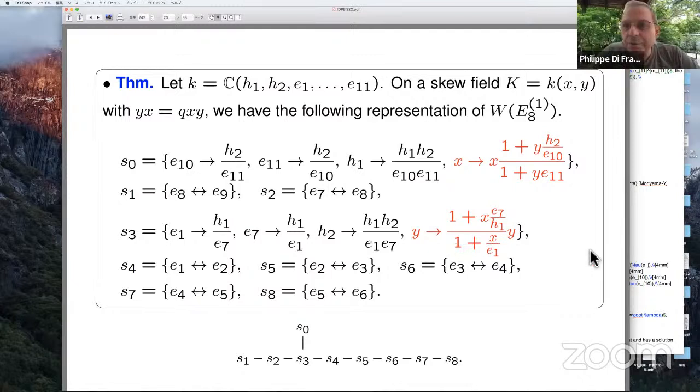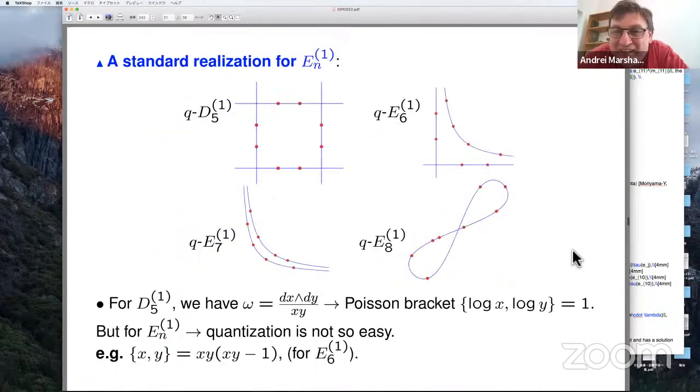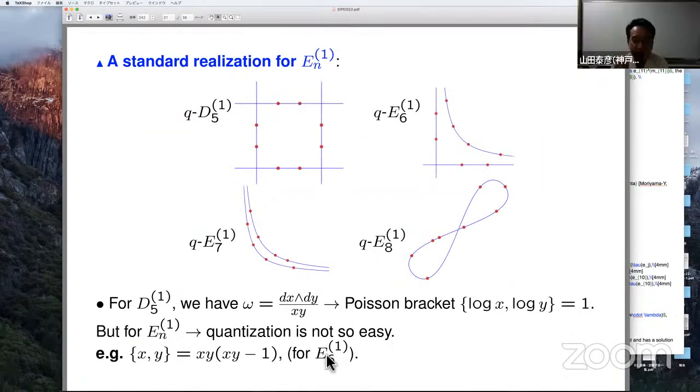I think Andrey's question was regarding the Poisson brackets of X and Y. How does it generalize?